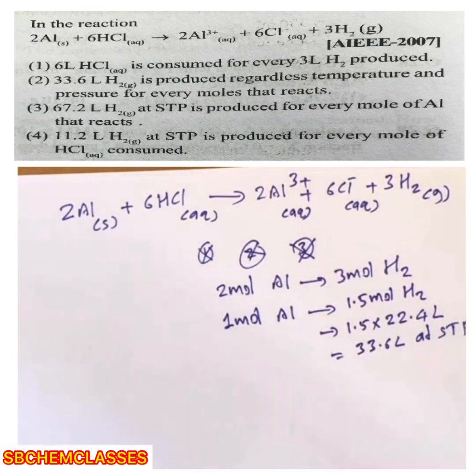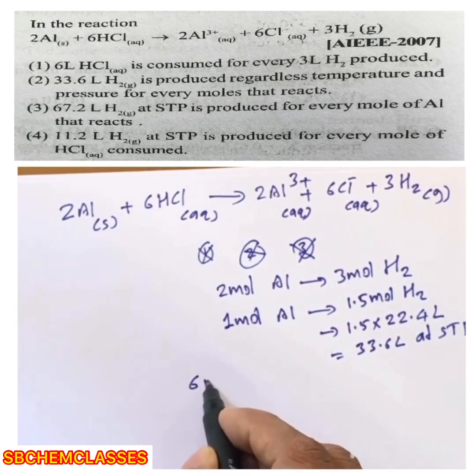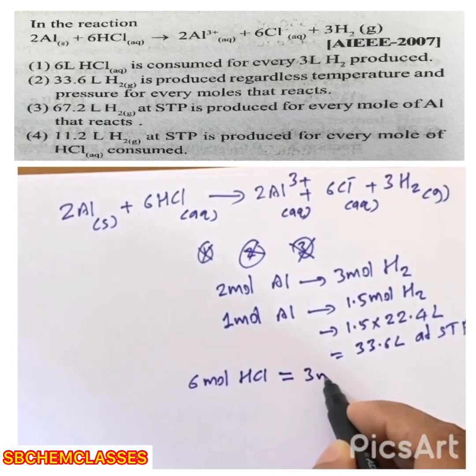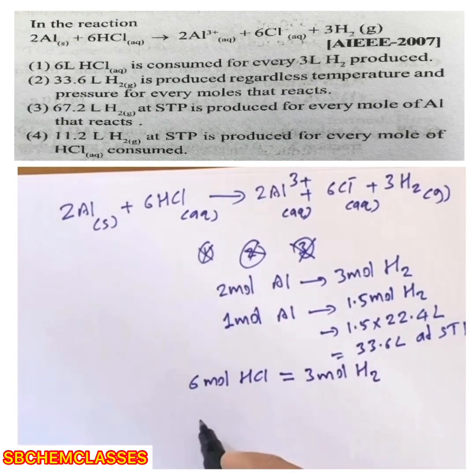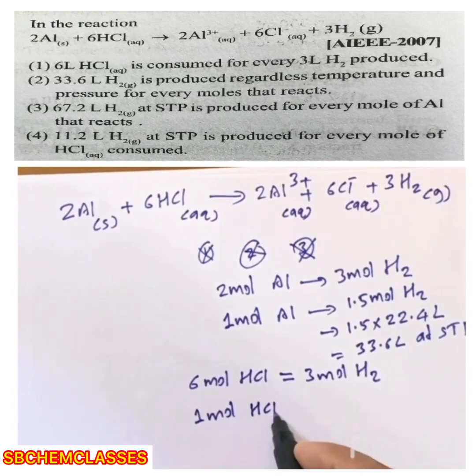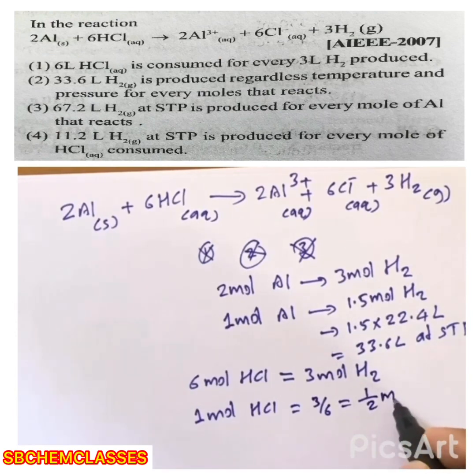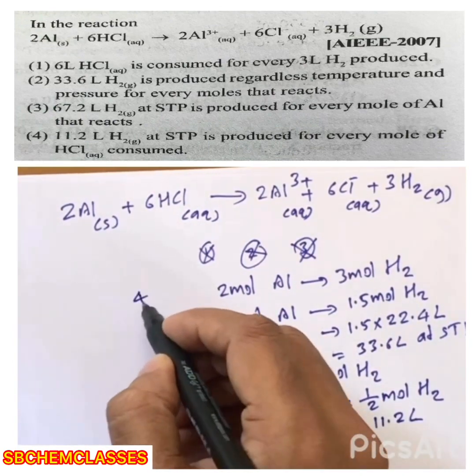Option 4: 11.2 liter H2 at STP is produced for every mole of HCl that reacts. 6 mole HCl produce 3 mole H2. Then what about 1 mole HCl? It will be 3 by 6, that is 1 by 2 mole H2. 1 by 2 mole H2 means 11.2 liter. So option 4 is correct.